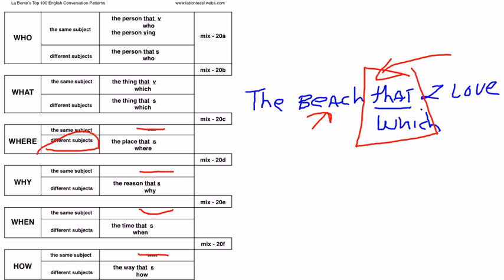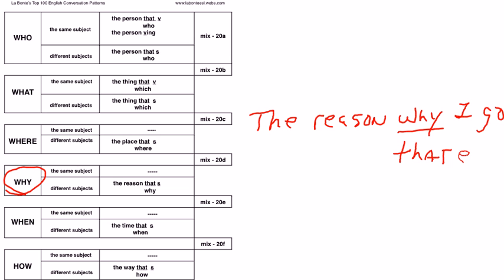The fourth pattern deals with why. This should be familiar to many of you since we studied it with the questions regarding why. And briefly, this is the reason why I go there, the reason why I like her. These are optional. The reason she came. The reason I bought the car deals with related to why.